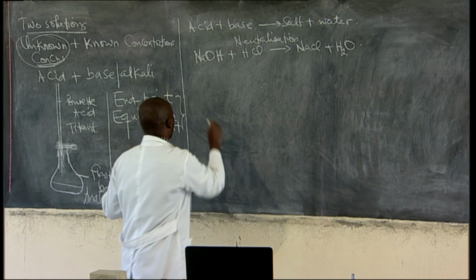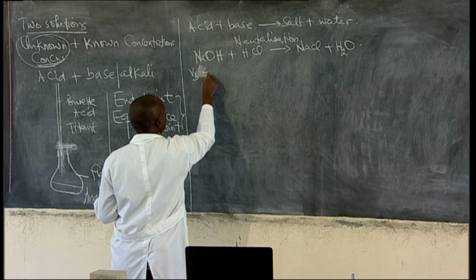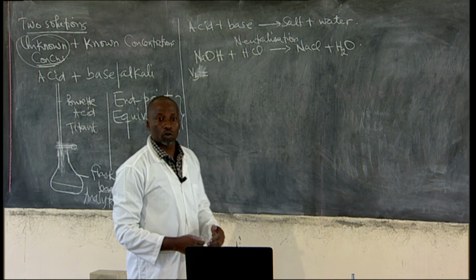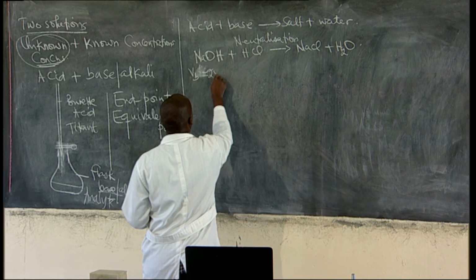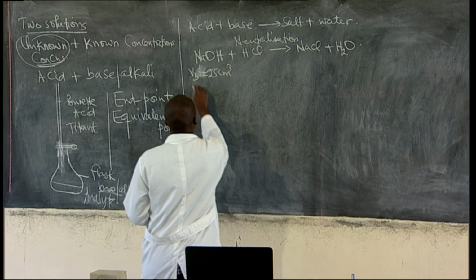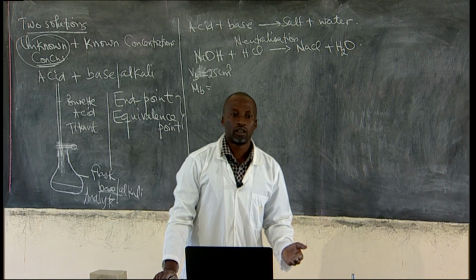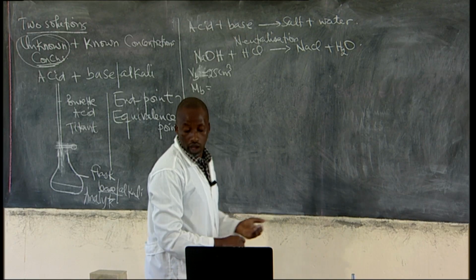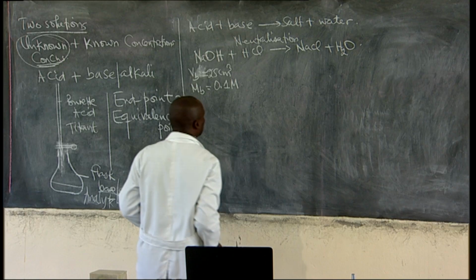So you have the volume of the base, that is the volume of the sodium hydroxide, 25 cubic centimeters. And you have the molarity of the base, which is equal to 0.1 molar solution.